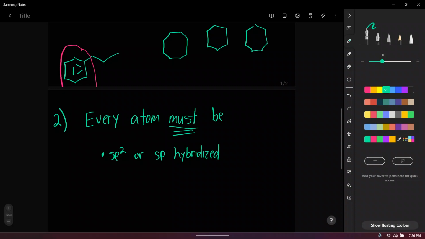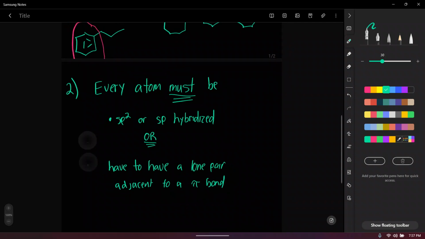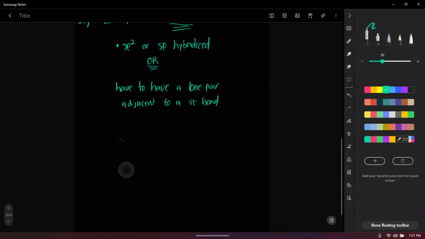Or, if you are sp3 hybridized, you have to have a lone pair that's adjacent to a pi bond. So let's talk about what I mean by that.